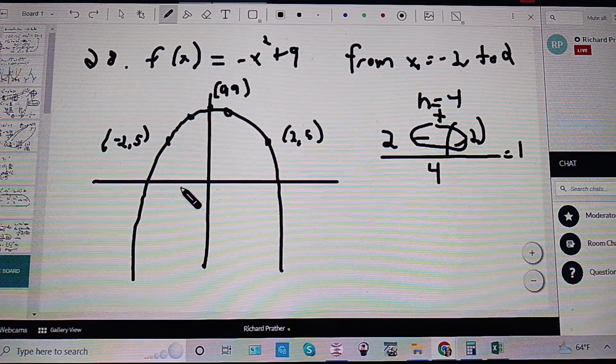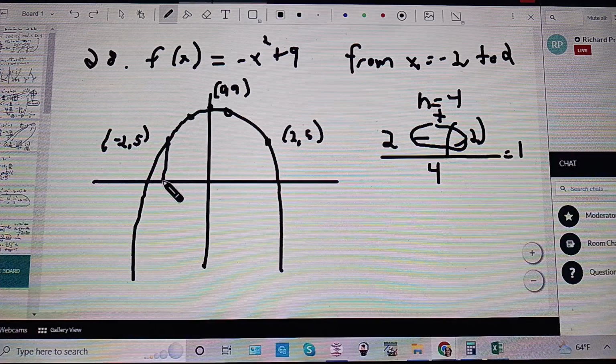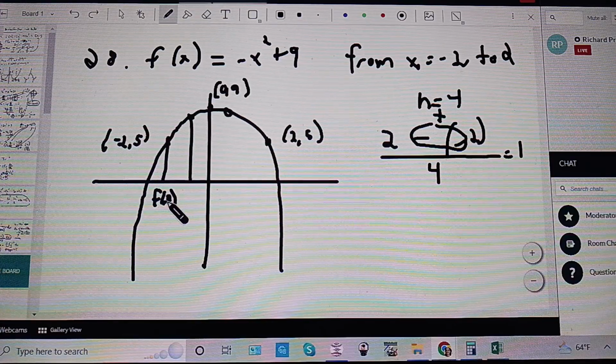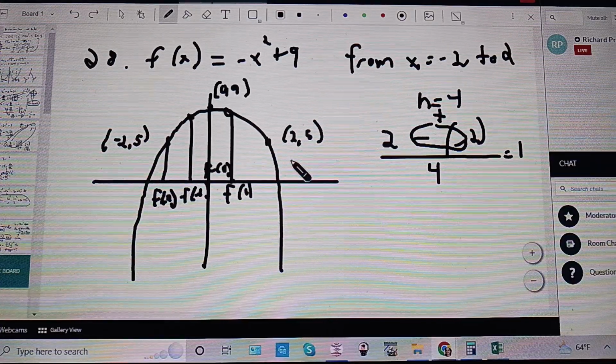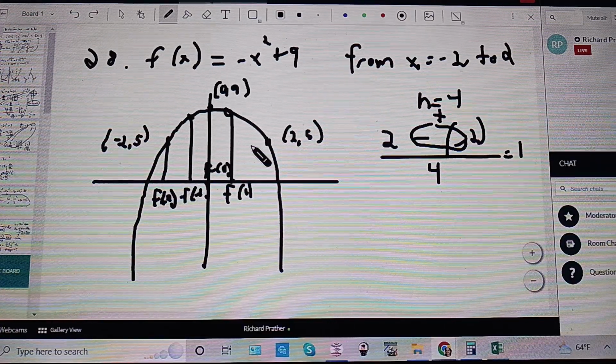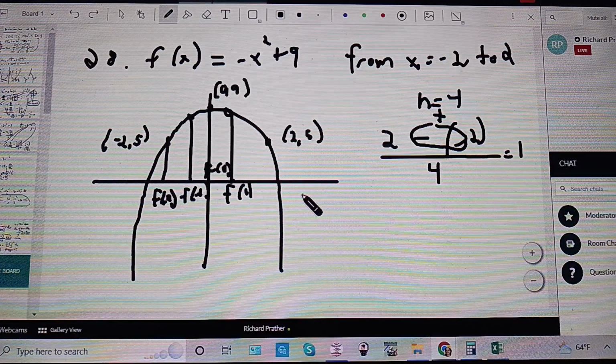So first, with left endpoints, I want f of -2, f of -1, then f of 0, and f of 1. I only want those 4. We're not going to go all the way to 2. Those are the 4 left endpoints. The width of each one is 1.